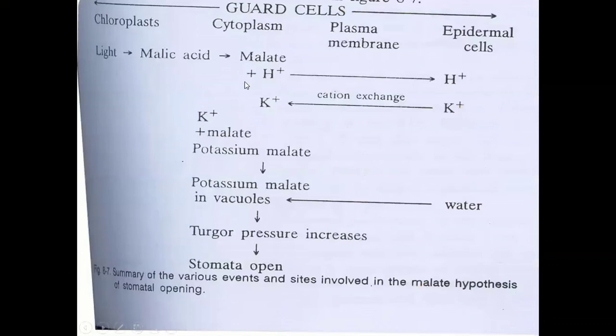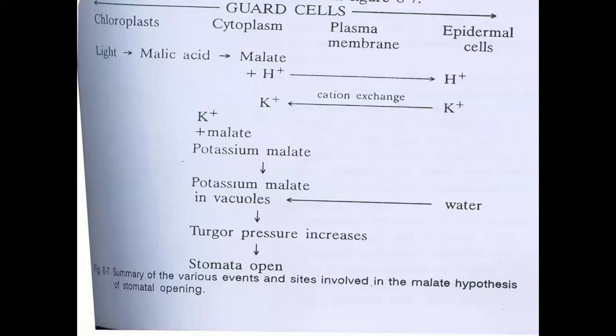Then this is the third hypothesis, the active potassium ion transport theory. In this, when there is a presence of light, malic acid is synthesized in the guard cell. This malic acid is present with a hydrogen ion, and this hydrogen is exchanged with the potassium ion.